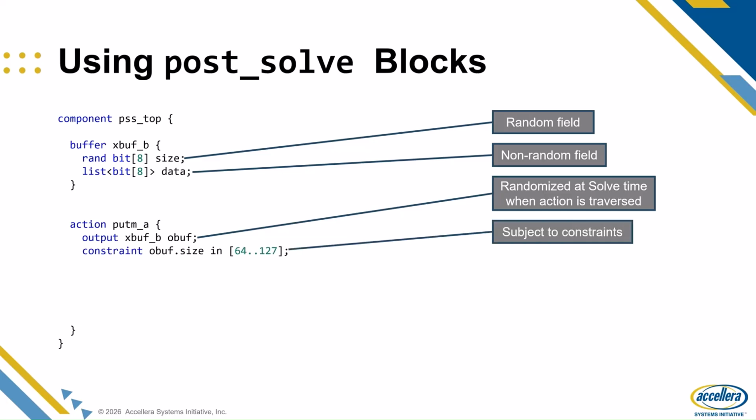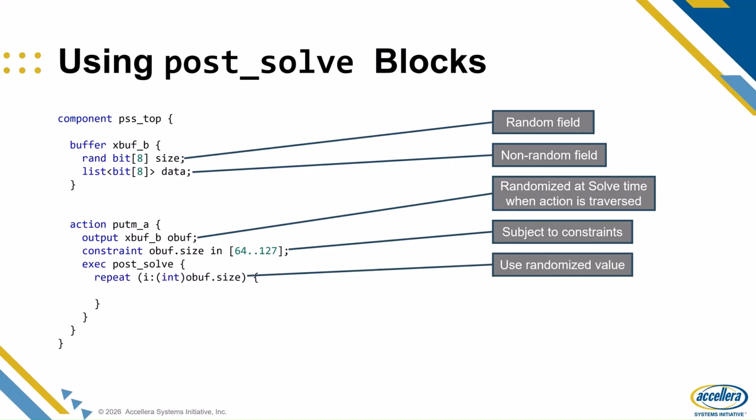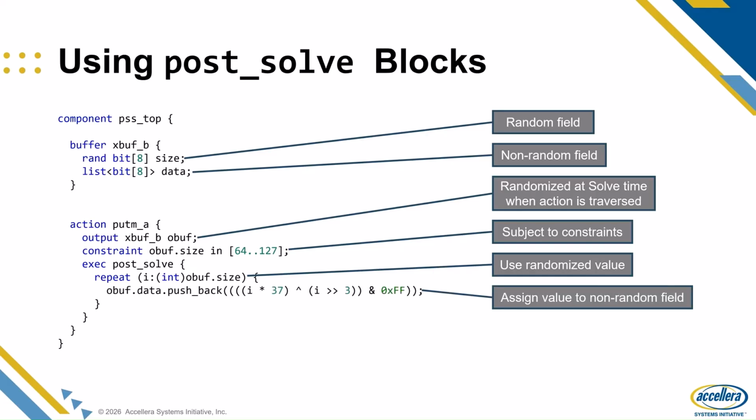That randomization obeys the constraints, so the size lands between 64 and 127. After solving, the post-solve block uses the solved obuff.size as a repeat count, assigning a pseudo-random value to each data element. The data then travels through the buffer to other actions, helping check data consistency across the scenario.